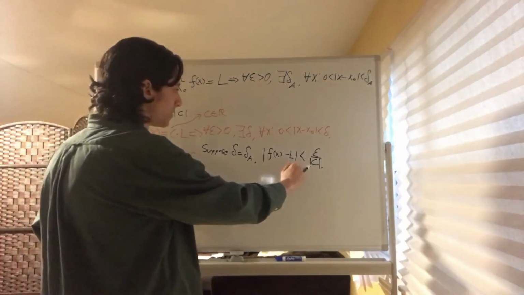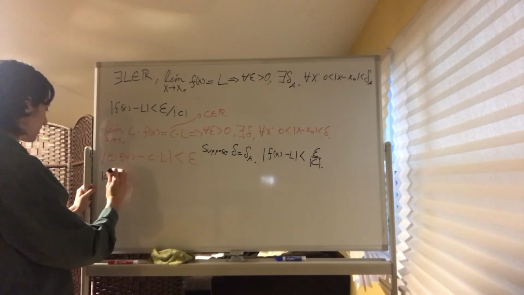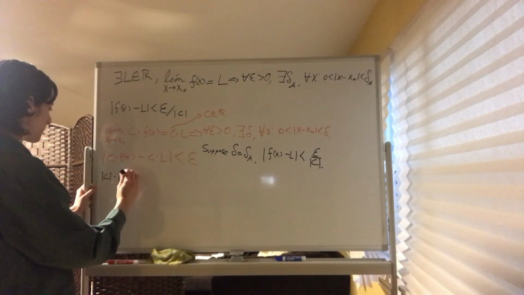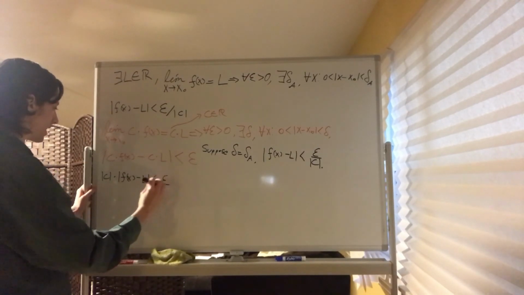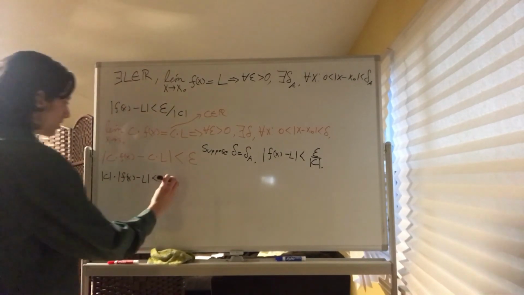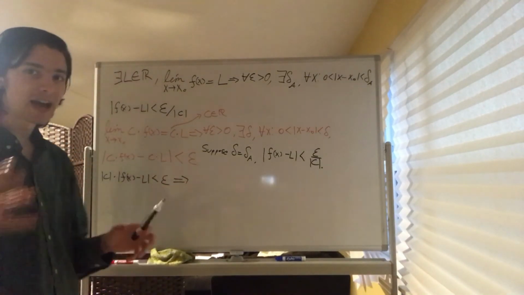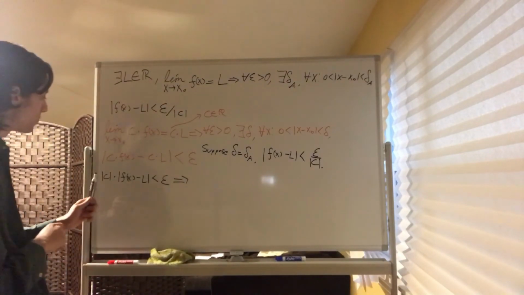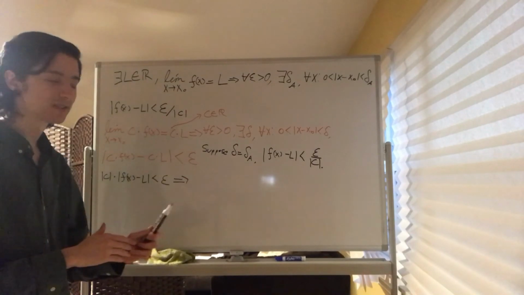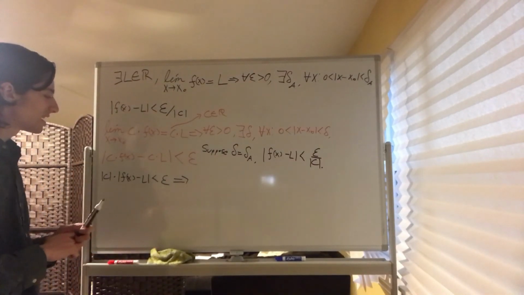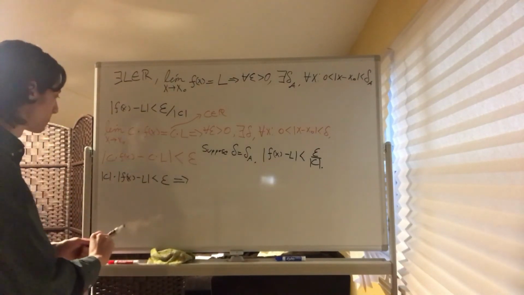So first we can multiply this c over to the other side, which gives us the absolute value of c times the absolute value of f of x minus L is less than epsilon. Now what can we do from here? Well, in my video about absolute values, we know that if we have the absolute value of something times the absolute value of something else, we can take the absolute value of that whole product and find that it's the same thing.